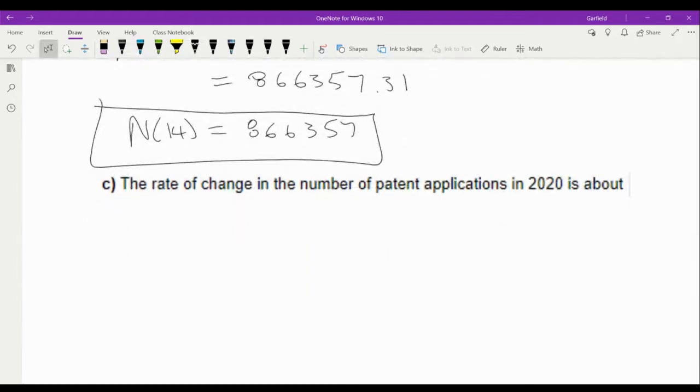All right, how do we find the rate of change in the number of patent applications in 2020? Well, they told us originally that the rate of change was equal to k times N of t. They gave us this.